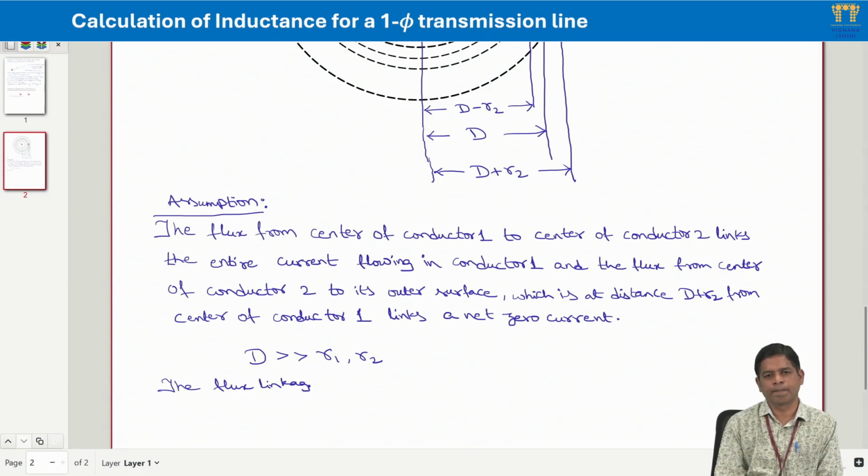the flux linkages of conductor 1, if I call it lambda 1, will be equal to 2 into 10 power minus 7 into the current flowing in conductor 1, multiplied by log of d divided by r1 dash.